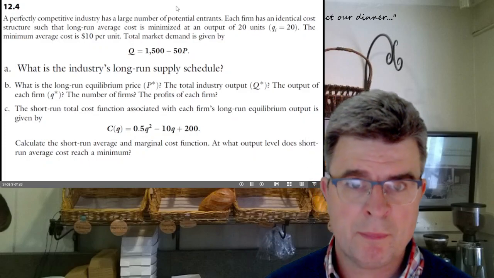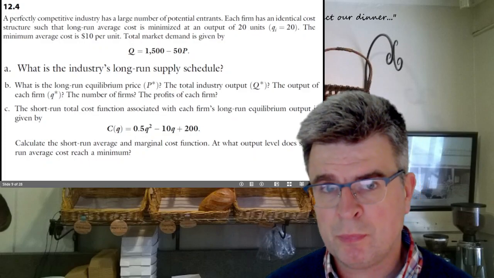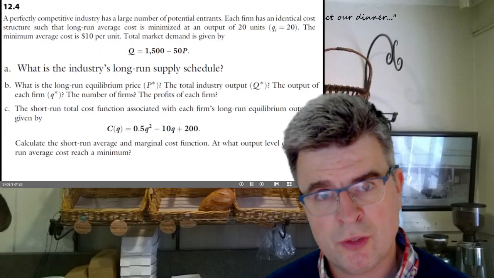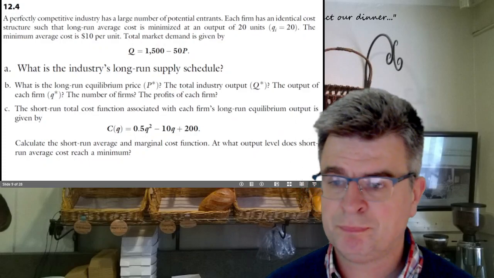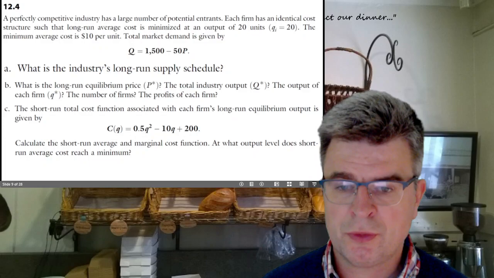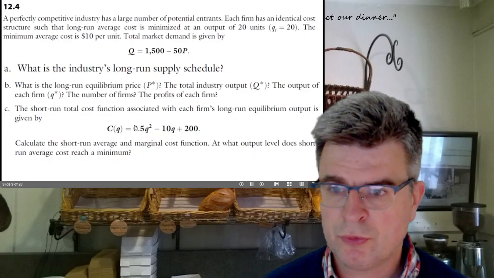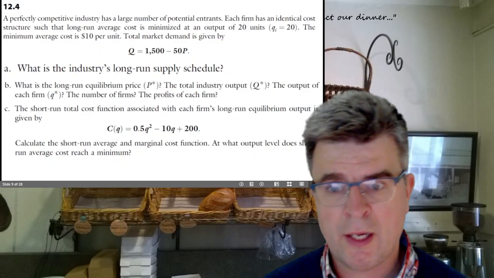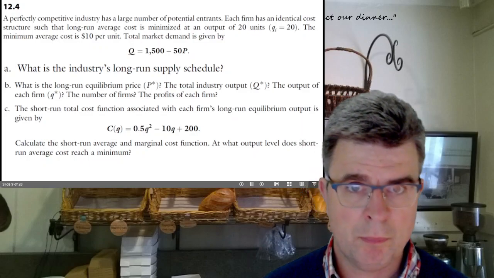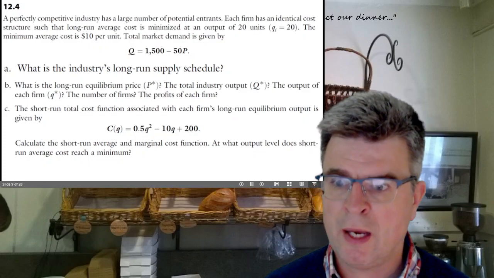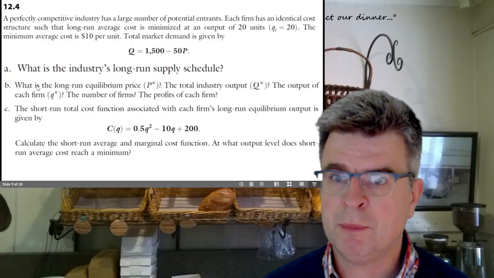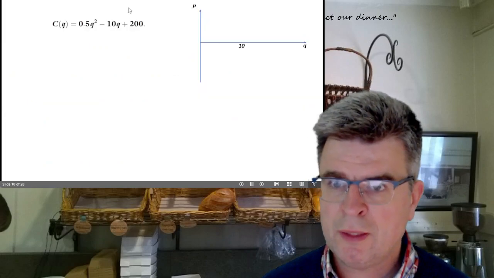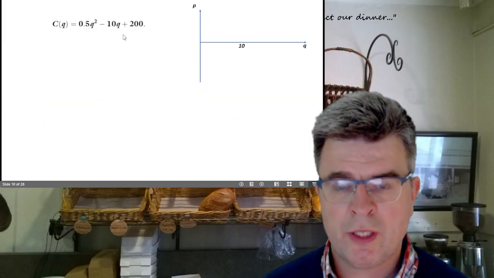The long run equilibrium output is the output where the firm doesn't make a profit, so total revenue must equal total cost. This cost function is given by this equation over here. We are asked to compute the short run average cost function and the short run marginal cost function, and at what output level the short run average cost reaches a minimum. So let's do that. I repeat the function over here.